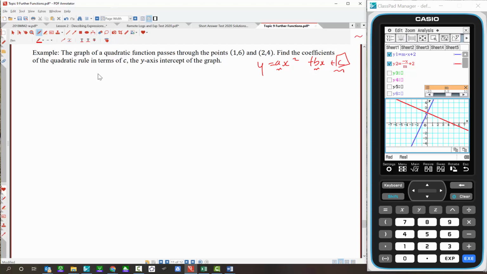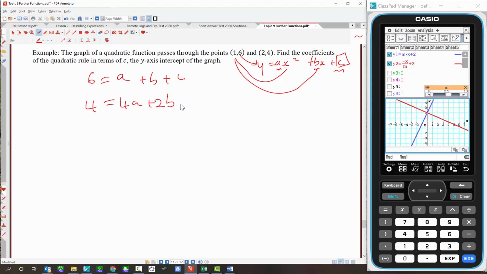You can sort of see how that's going to happen by subbing in the points, but let's just do it and see what happens. 6 equals a plus b plus c, so I've just put 1 in for x and 6 in for y. Now, a second one will be 4 equals 4a plus 2b plus c.